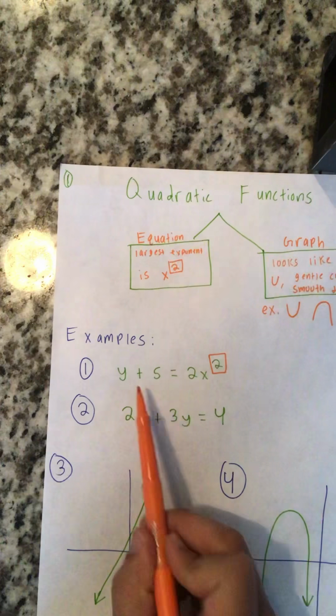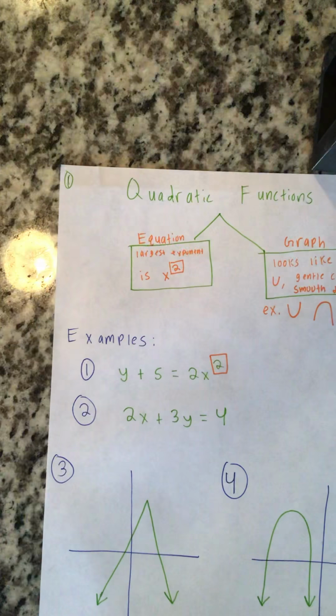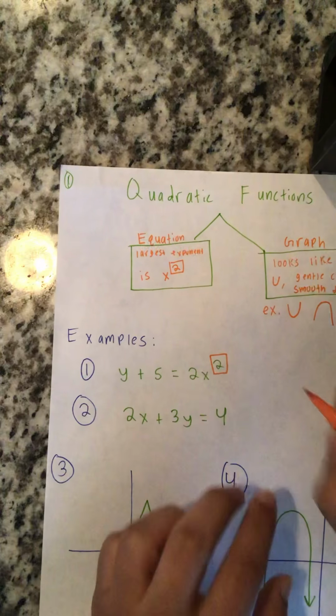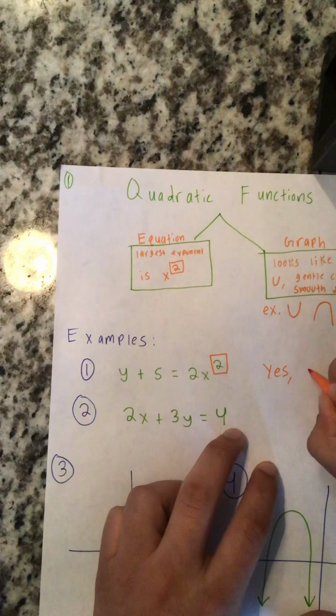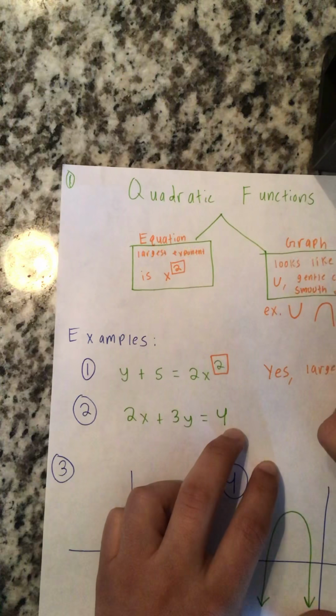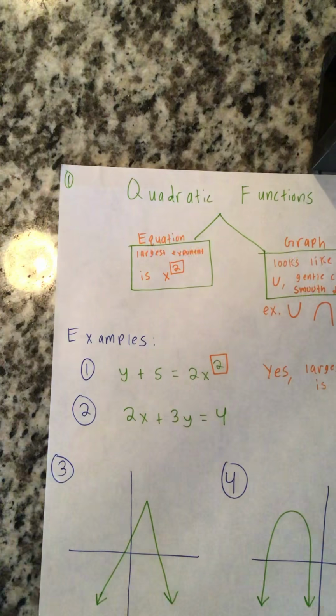Even though it looks weird, with the x squared over here, we're just looking for the biggest exponent. So for this answer, we would say yes, because the largest exponent is 2. Hope that makes sense.